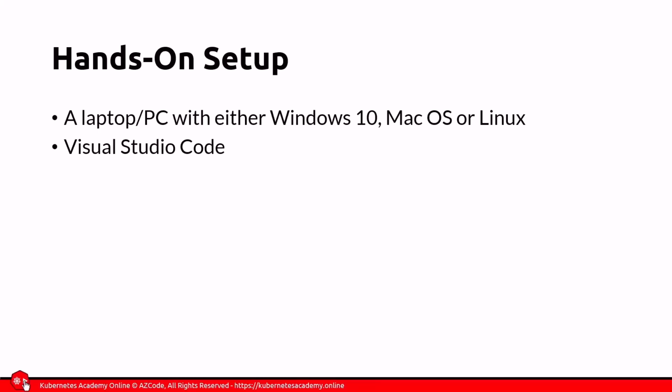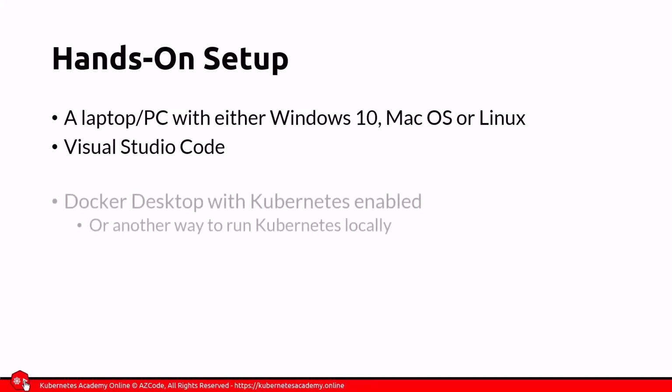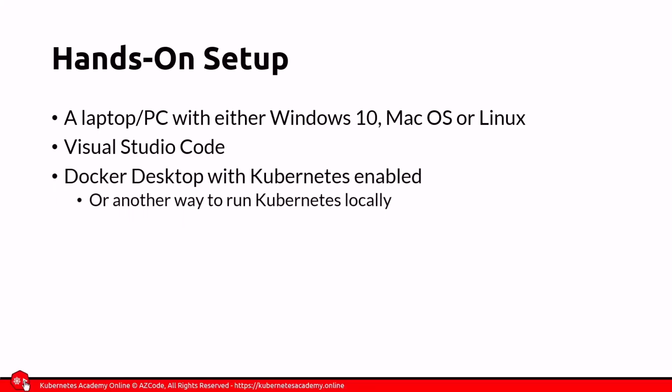VS Code is a free IDE that runs on Windows, Mac, and Linux. On Windows and Mac, you'll need Docker Desktop with Kubernetes enabled. On Linux, refer to the documentation on how to install Docker and Kubernetes on your distro. You'll need a Docker Hub account and a few easy-to-install tools. Refer to the setup instructions located below this video.